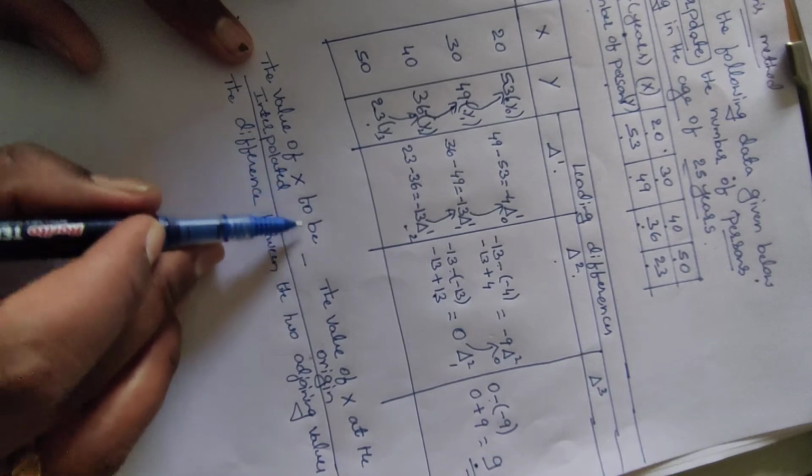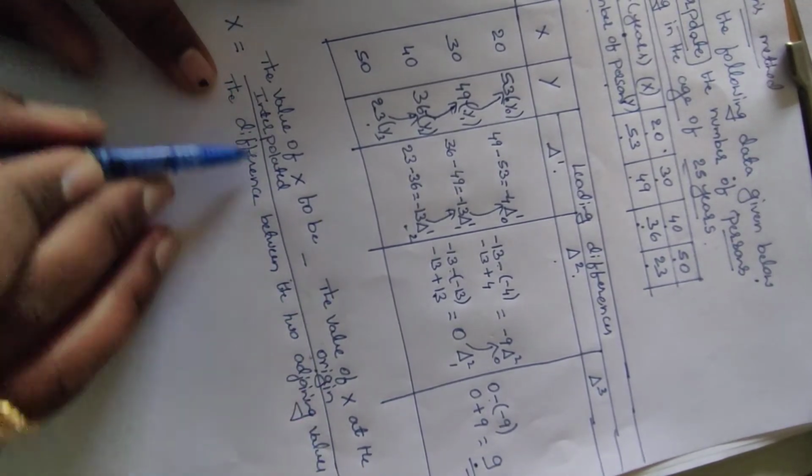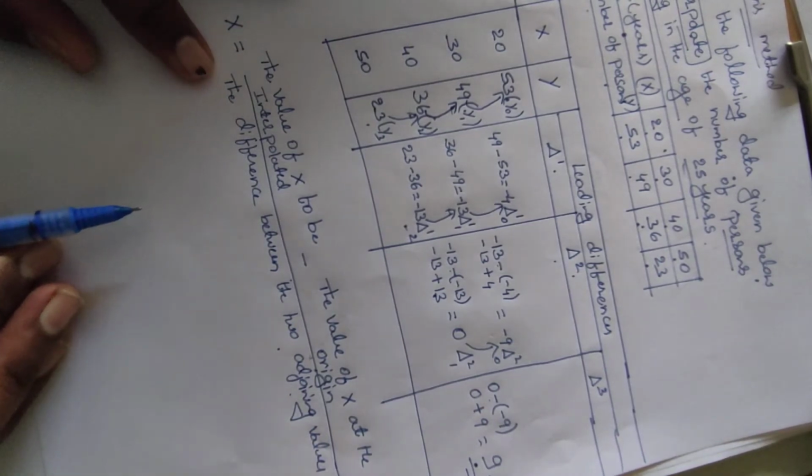This is the formula for identifying the x, means time. So the value of x to be interpolated minus the value of x at the origin divided by the difference between the two adjoining values of x.